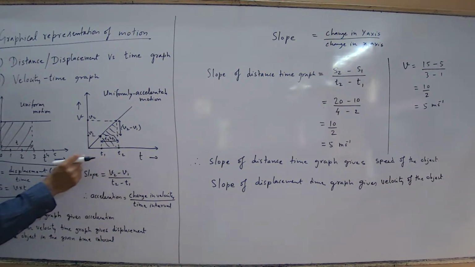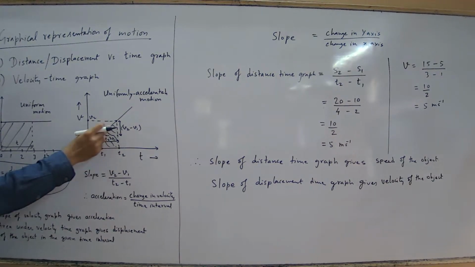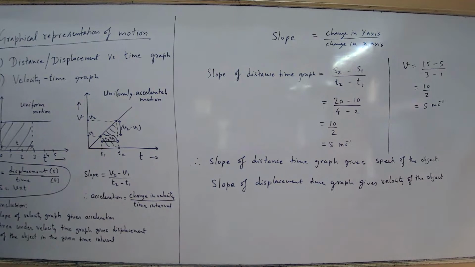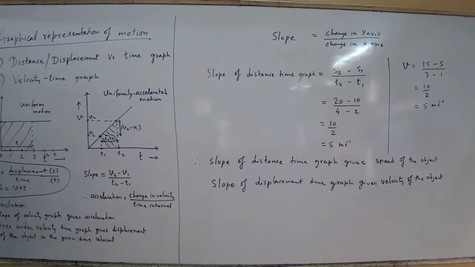Likewise, if I ask you to find the displacement of the body in this time interval, you can choose any time interval, not only from 0, any time interval in between. Then you have to find the area of this trapezium. So what is the area of the trapezium?